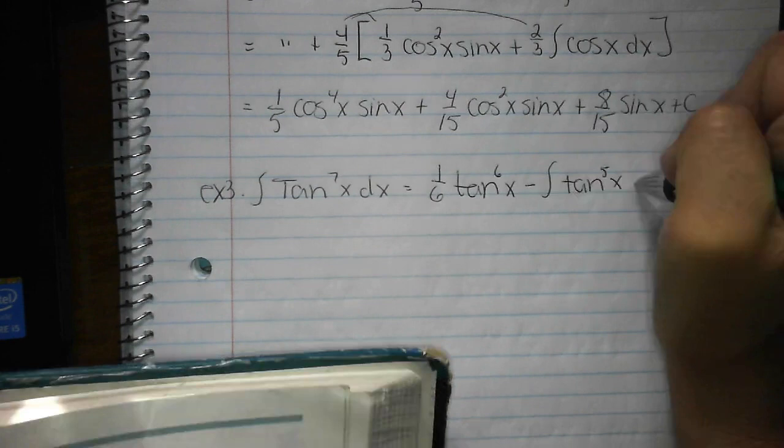And we keep going. So now I'm going to come over here. I'll keep this 1/6 tan to the 6th x minus, and now I'm going to do that reduction formula again. So anything out in front has to get distributed to the two terms that are coming. So now I go back through it again with n being a 5.